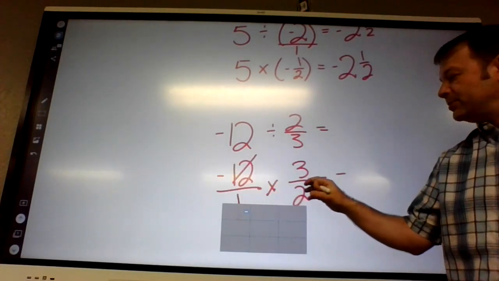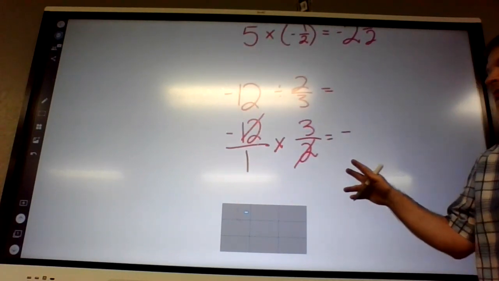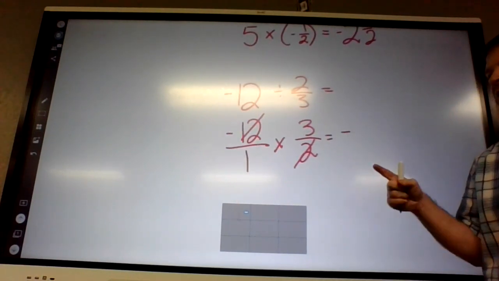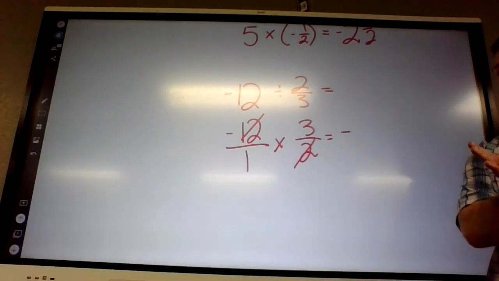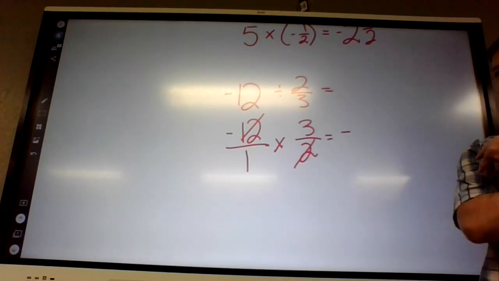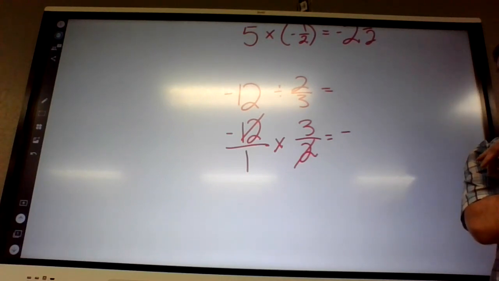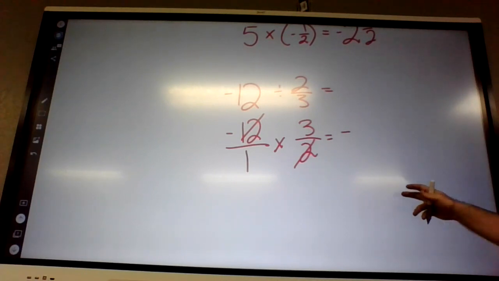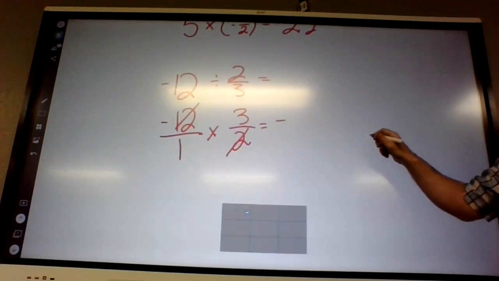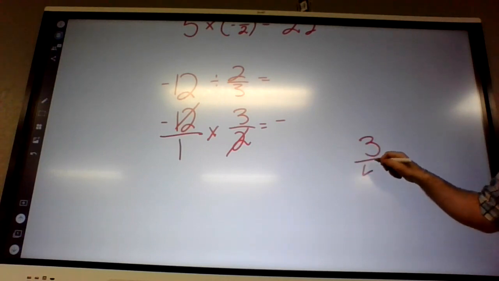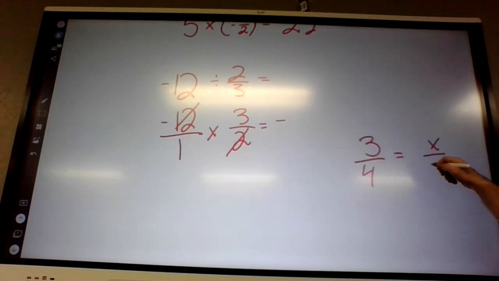And then we talked about this yesterday. You can cross cancel. By the way, when would you cross multiply? Does anybody know what situation that happens? When you compare fraction sizes? Kind of. Okay, this would be a cross multiply problem.